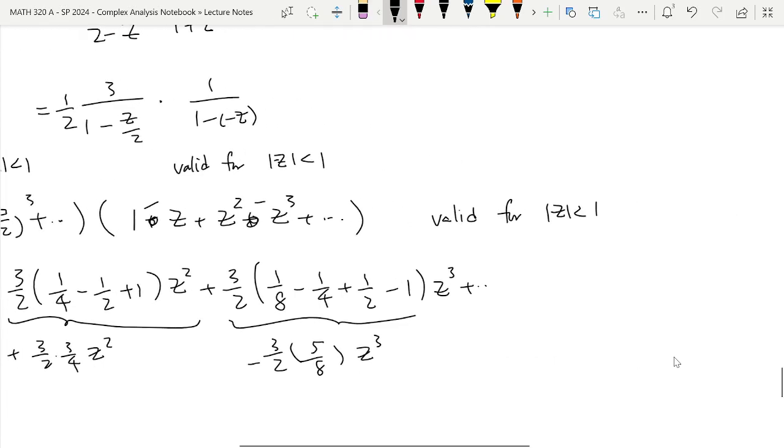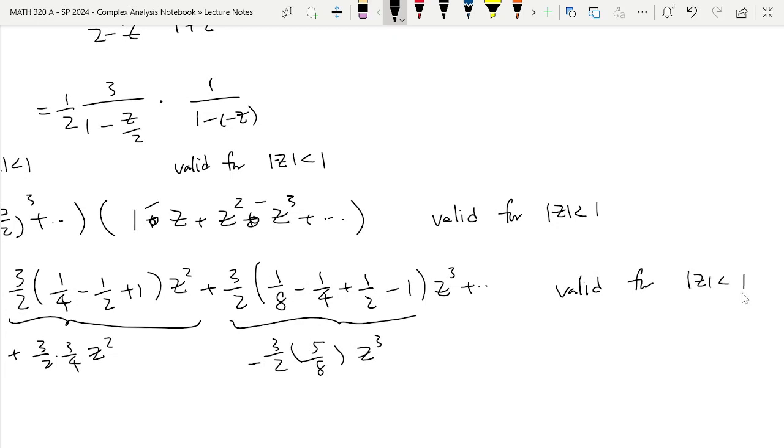And this is valid for absolute value of z less than 1.